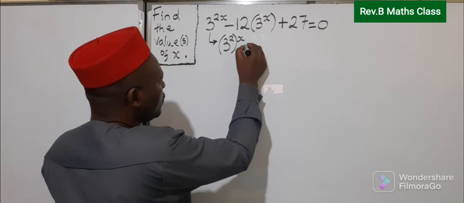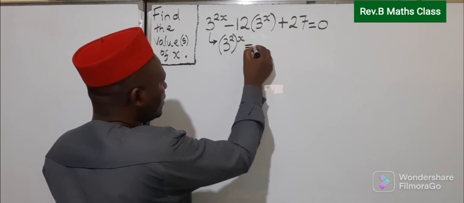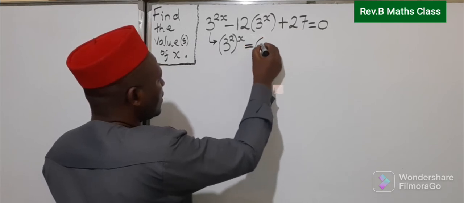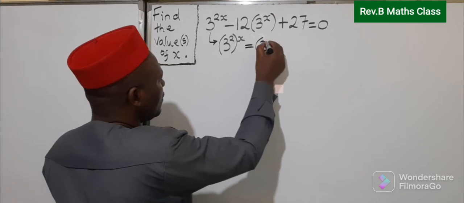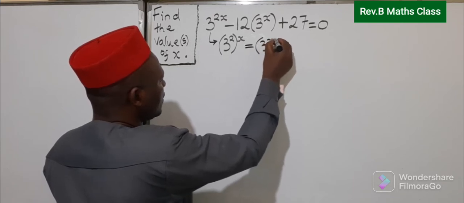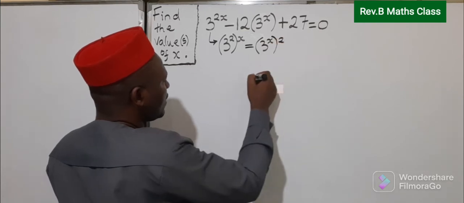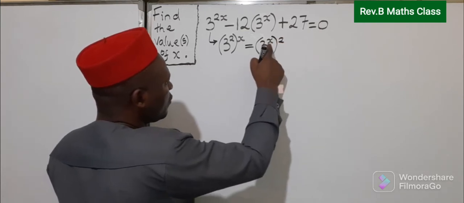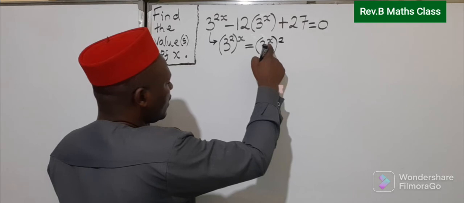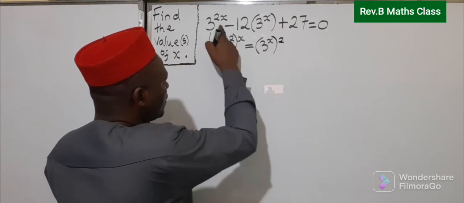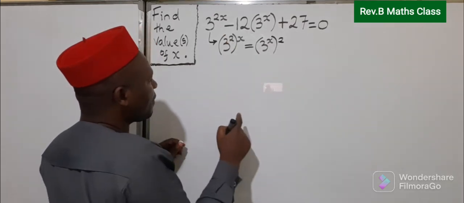This can also be written like this: 3 power x in brackets and a 2 outside. Again, when you multiply an x by 2, you get a 2x there.